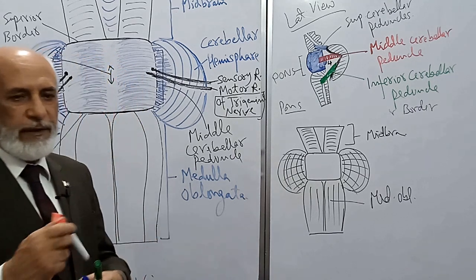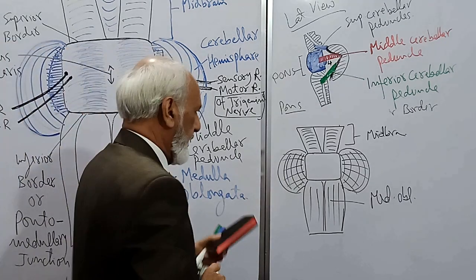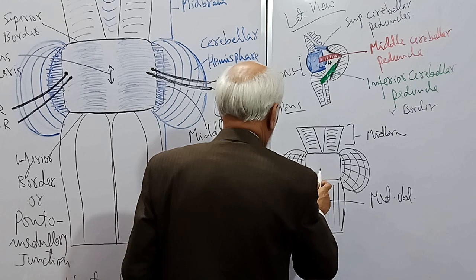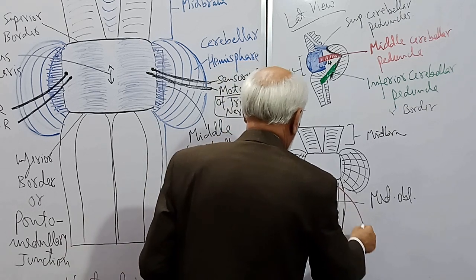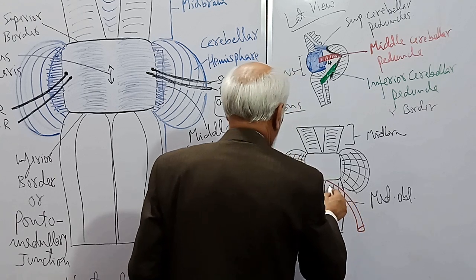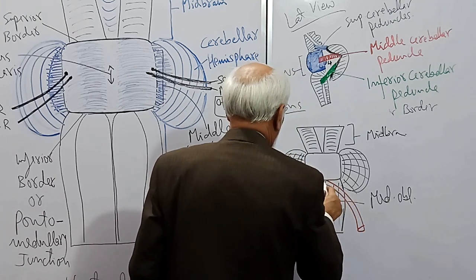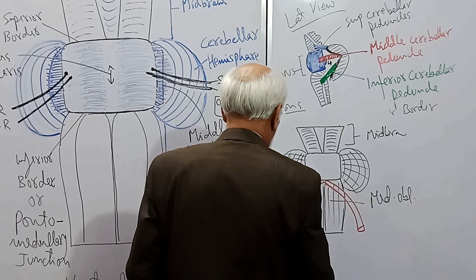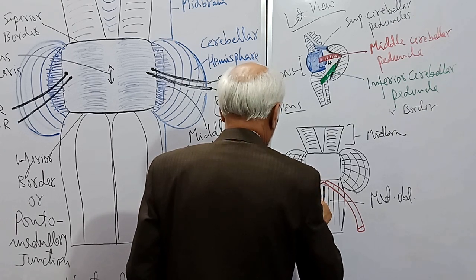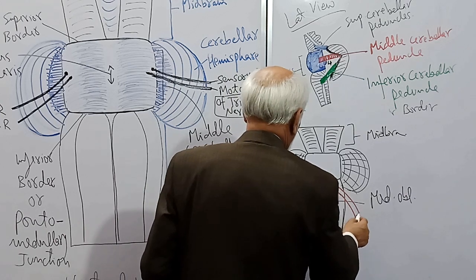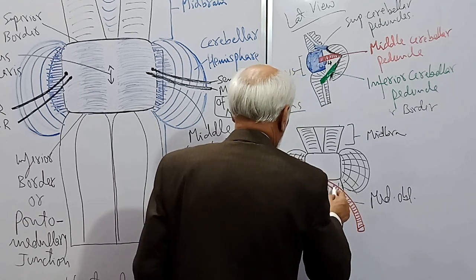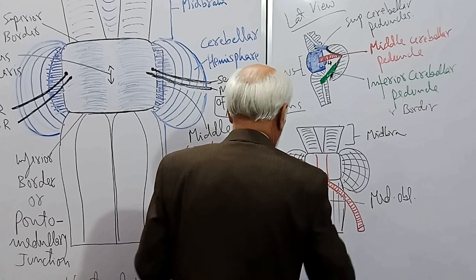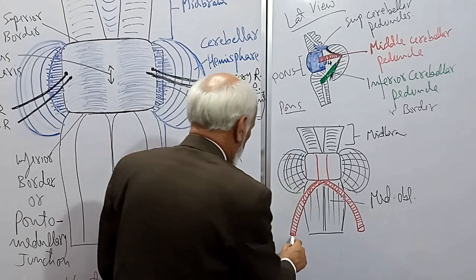Now, two arteries enter the cranial cavity through the foramen magnum, that is, the right and left vertebral arteries. Now this is the vertebral artery.